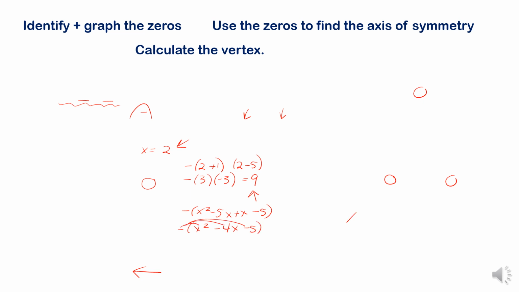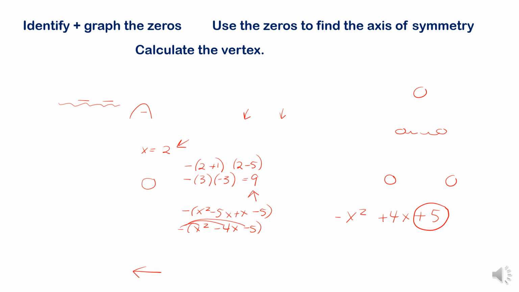I get negative x squared plus 4x plus 5. And now really quickly I've got a y-intercept, which I put right there, and then I do a mirror point, 1, 2, 1, 2. That gives me my other point, and now I have 5 points.